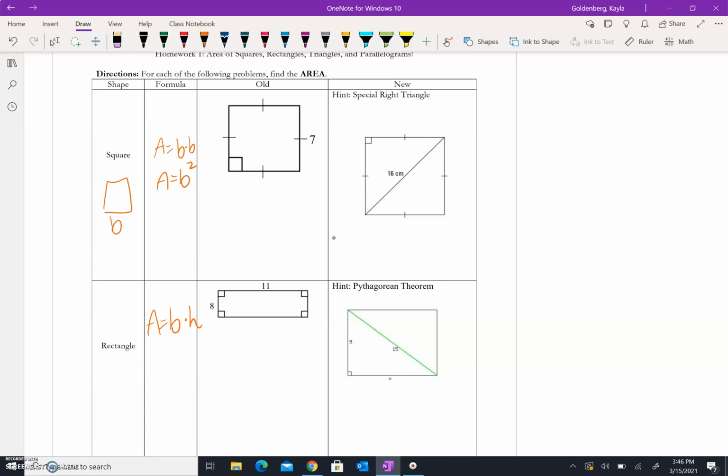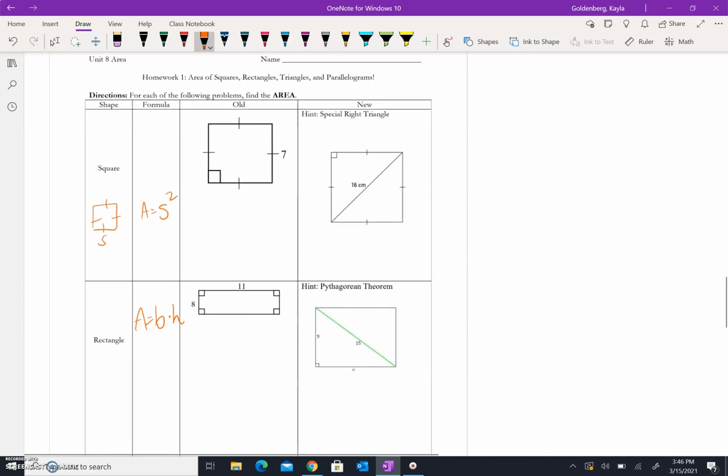Some people, in addition, will use S for side instead of B. So depending on where you see it written, some will just say area equals the side length squared. That's probably the more common, but it's basically a rectangle's base times height, where base and height are the same thing. So I just wanted to point that out.